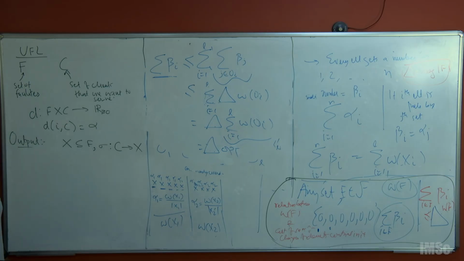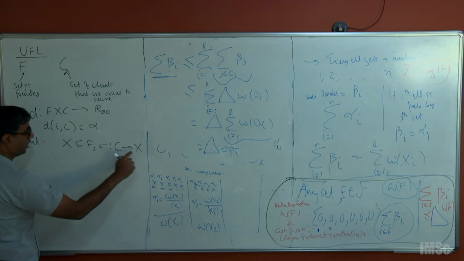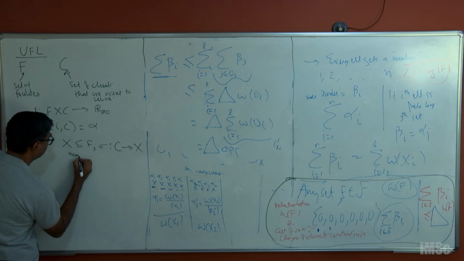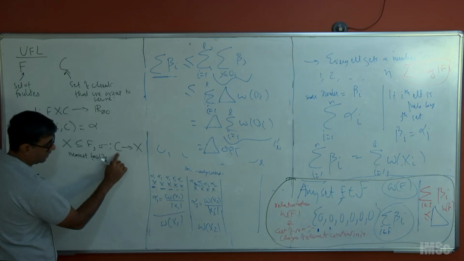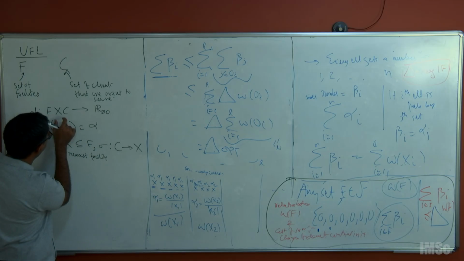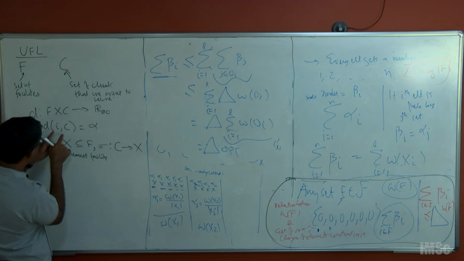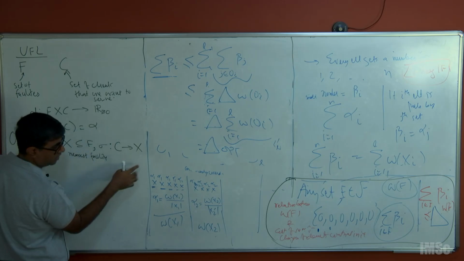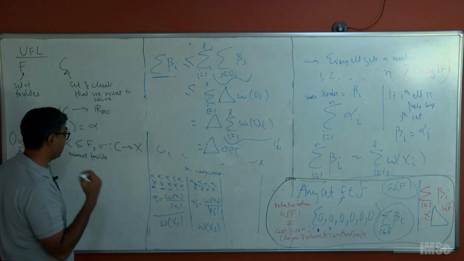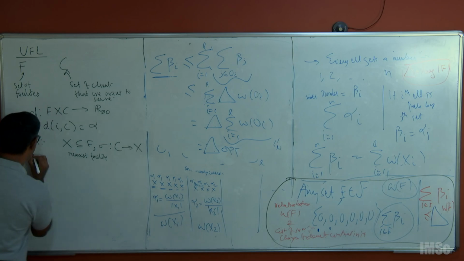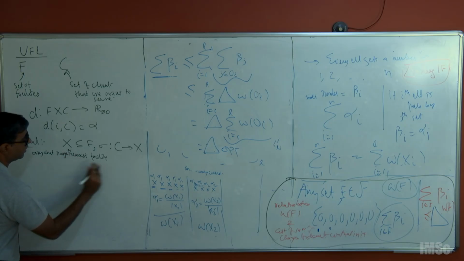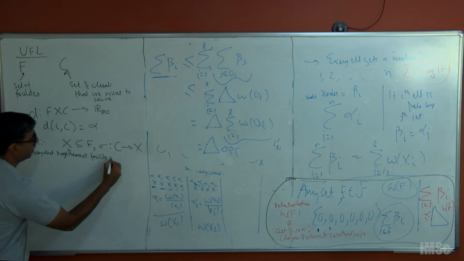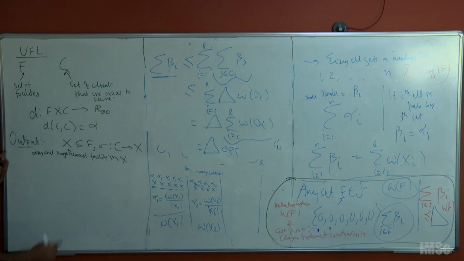Sigma of c is the nearest facility: look at a client, look at the distances to the facilities, and assign it to the nearest facility. So every client is assigned to the nearest facility in X. Is that fine?